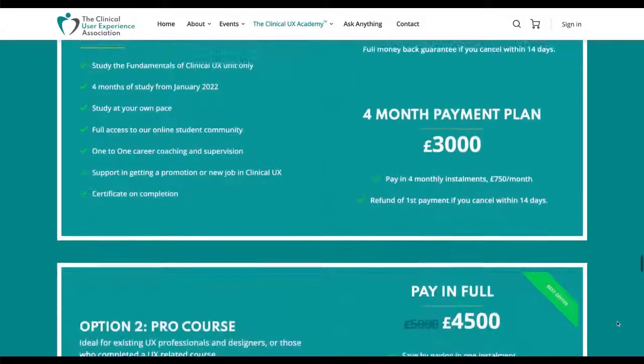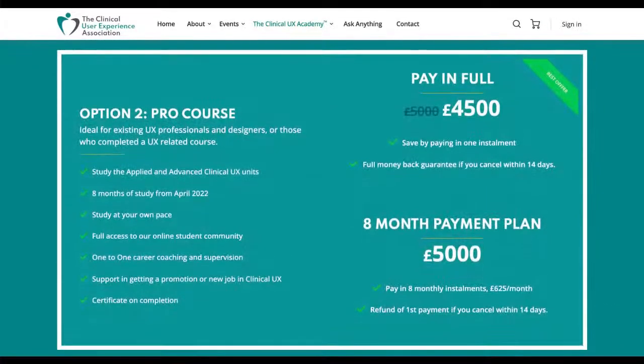And then option 2 is the pro course. This is really great for people who have already worked in UX or have had at least some meaningful UX training. When I say meaningful UX training, I mean you've completed a course, you've actually had feedback about UX work. It's not just, I've read The Design of Everyday Things by Don Norman. That is not sufficient to demonstrate skills and expertise in UX.